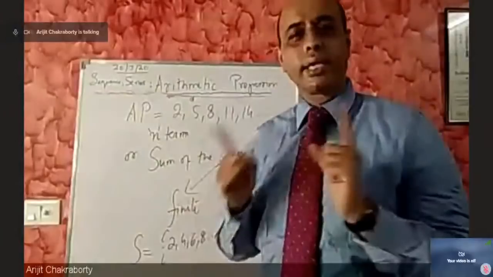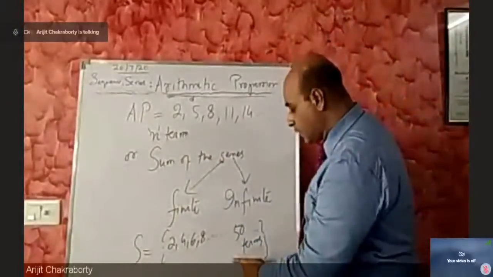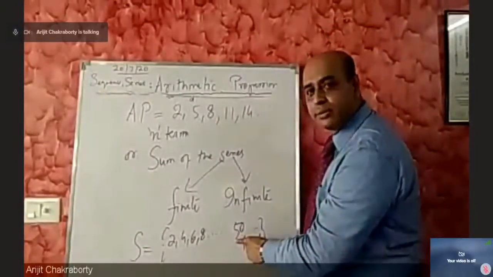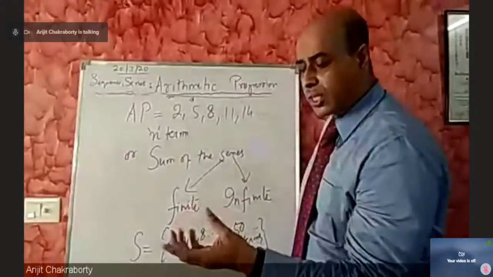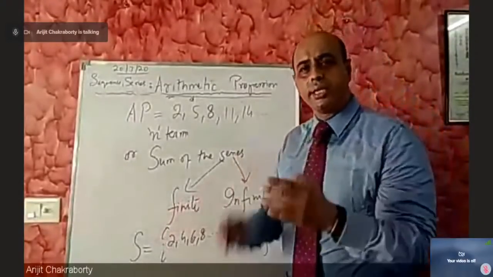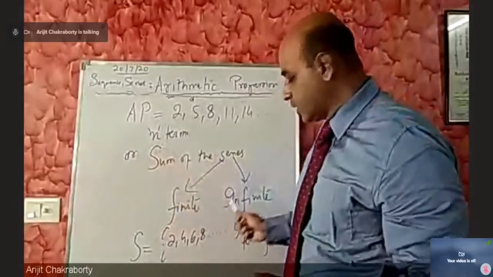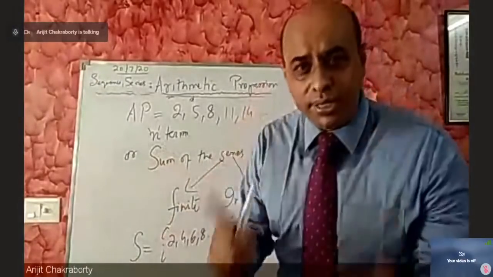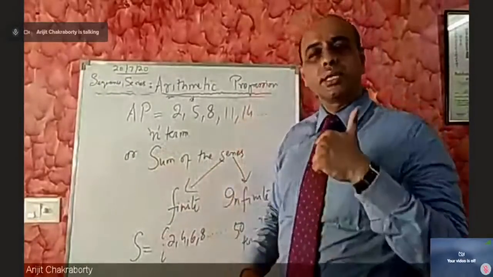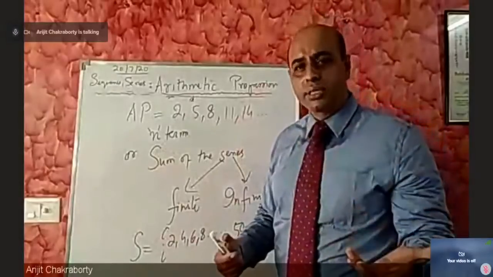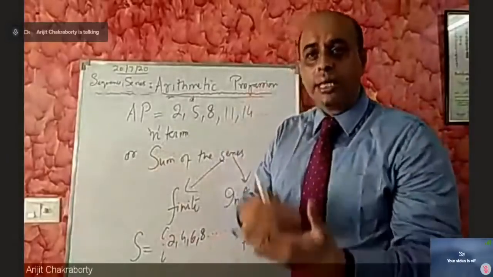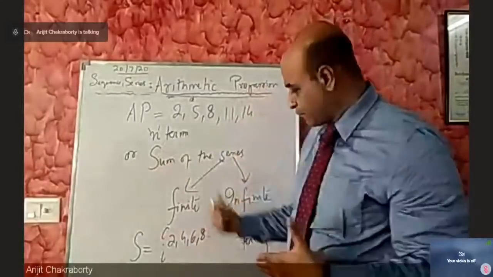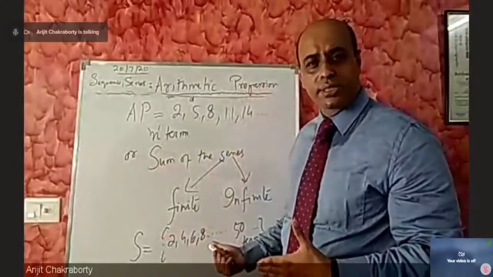It is finite because the number of terms is 50. So I know 2, 4, 6, 8, 10, 12, 14, 16, 18. I go on till 50 terms. It is limited to 50. So it is finite. Finite means something which can be counted. There is a limit. The limit is 50 in this case.